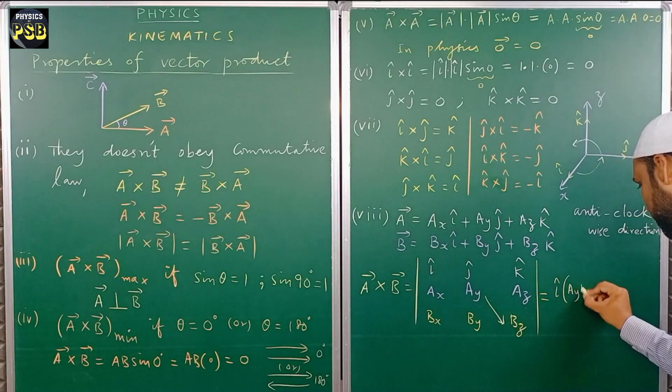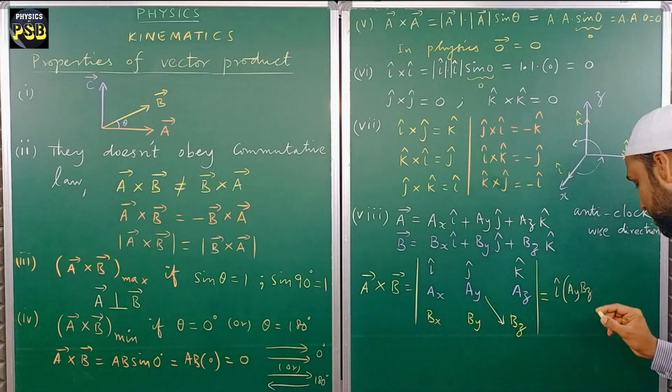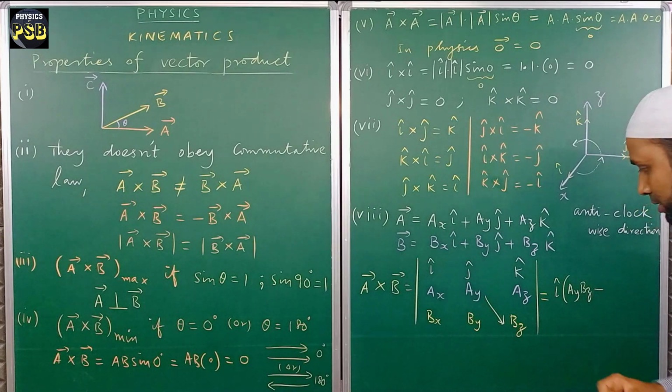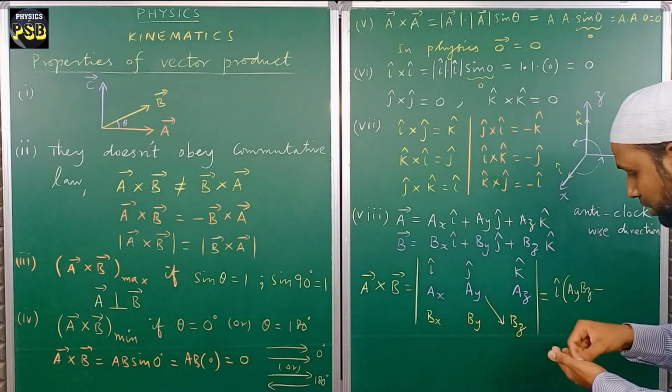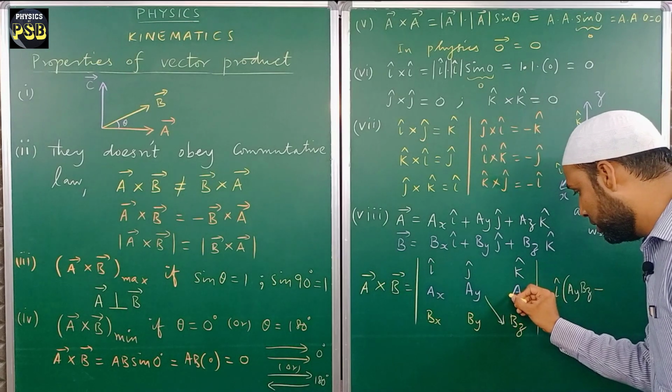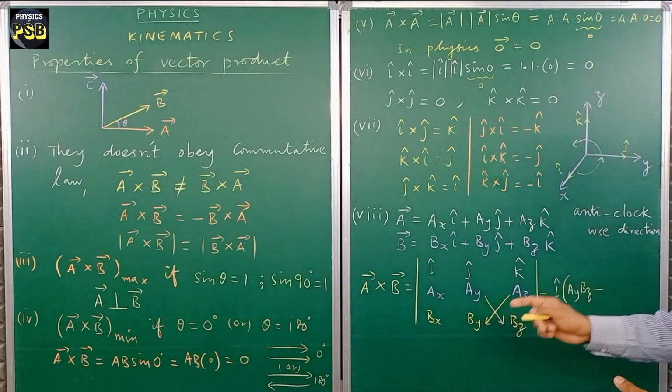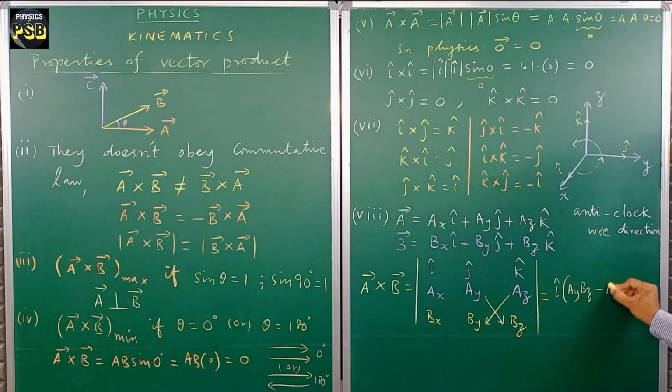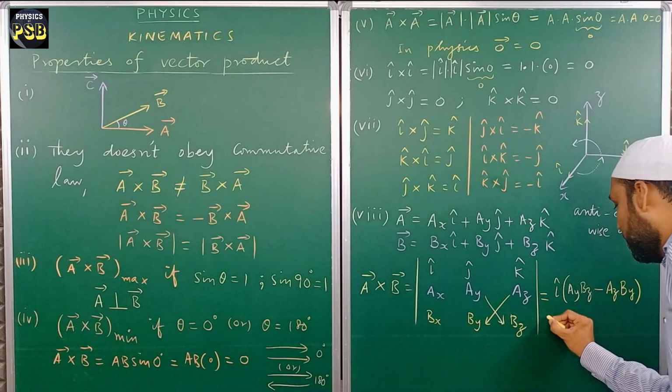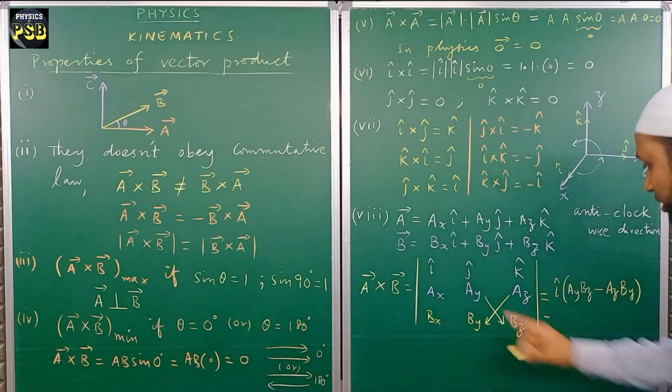Ay multiplied with Bz. Then minus, I multiply in this direction: Az is multiplied with By. Then put a minus sign here.